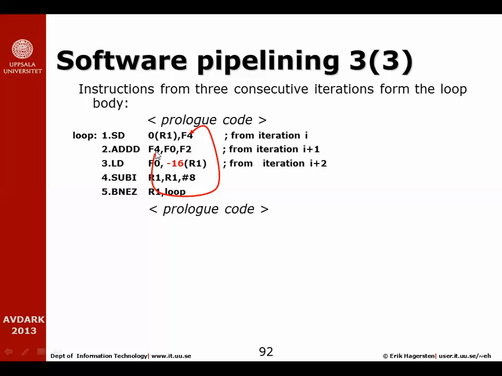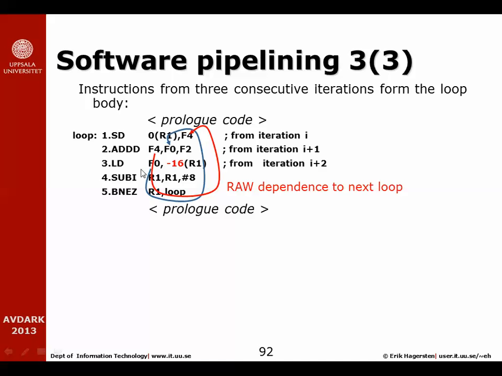This is where you write that register, and up here is where you read it. There is no more usage of F4 further down in this loop. So there is a read after write dependence, but it's not within the loop. It's to the next loop.